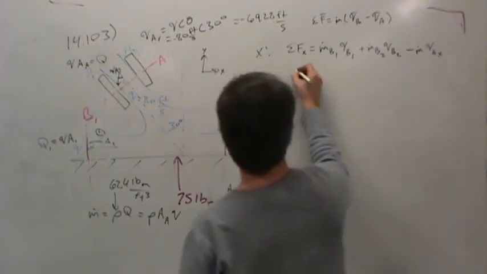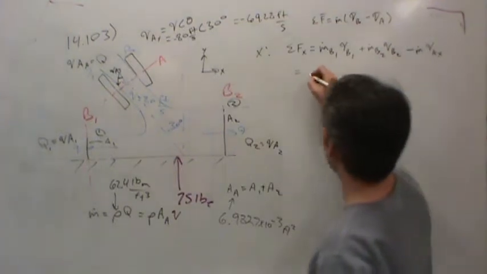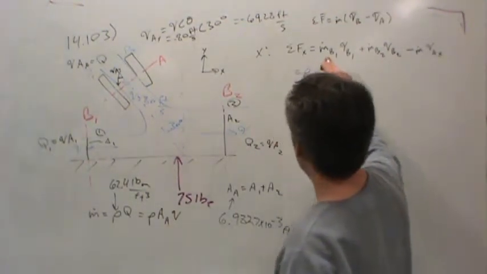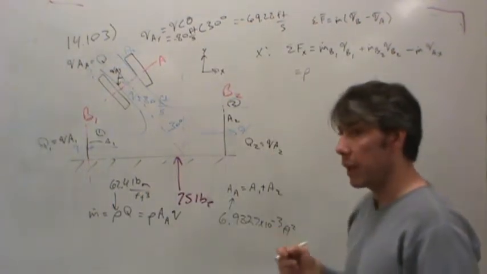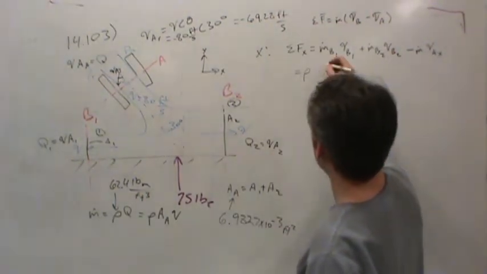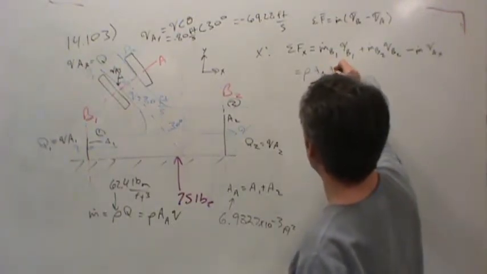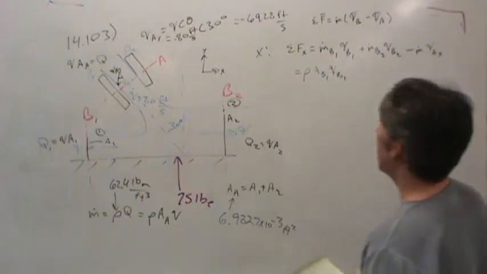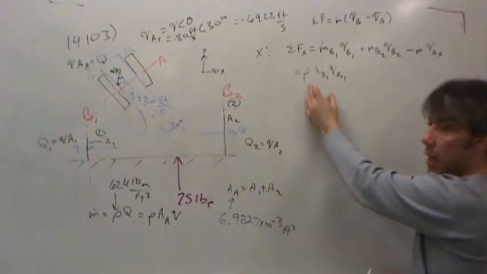Okay, so the mass flow rate at B1, well, we could write that as density at B1 multiplied by, and here's where we'll have to be really careful about the signs, okay? We need the density times the cross-sectional area at B1 times the velocity at B1. But what I've got here is the volume flow rate times density.